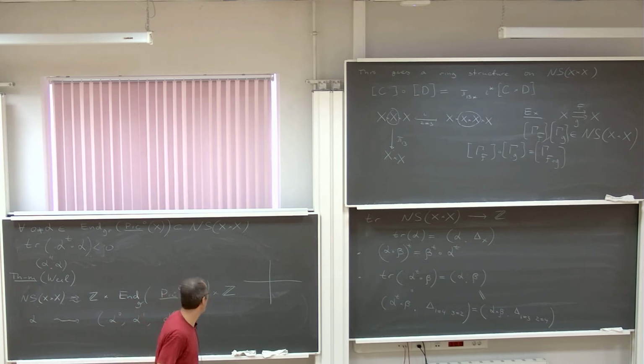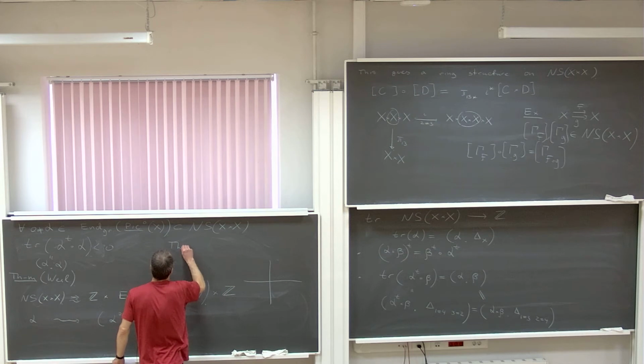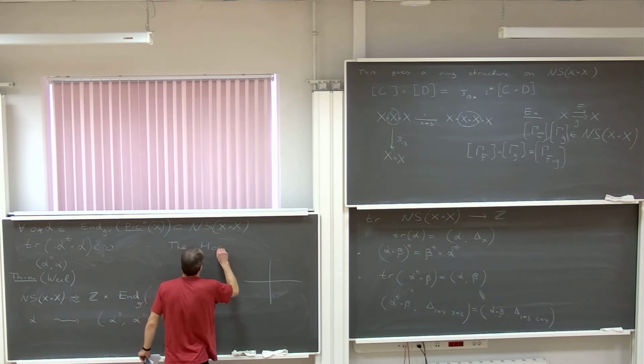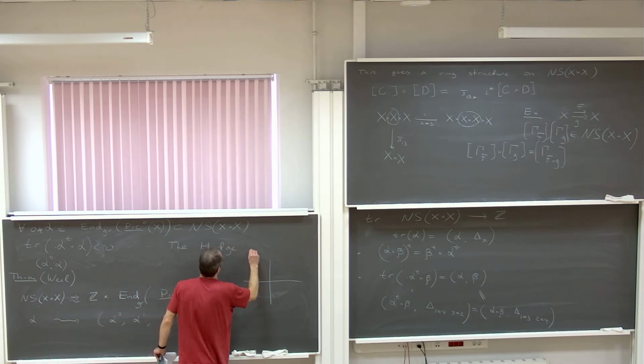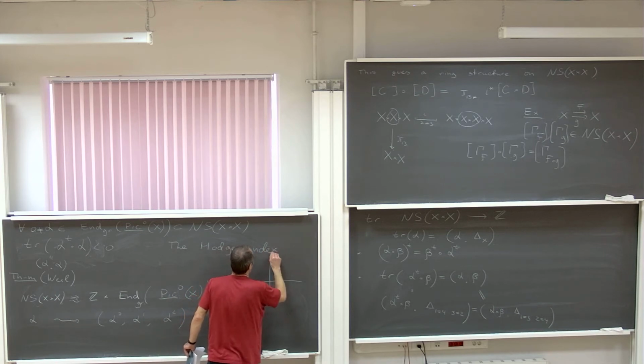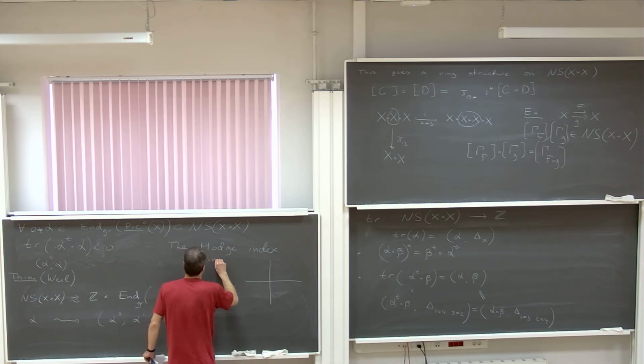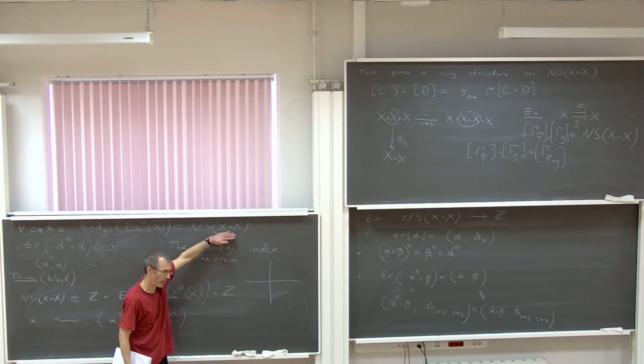Right? This is the Hodge index theorem. So what is the Hodge index theorem? It's the following assertion. Suppose you have a surface and an ample line bundle, an ample divisor.